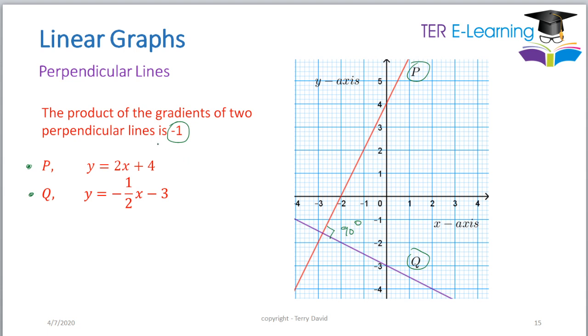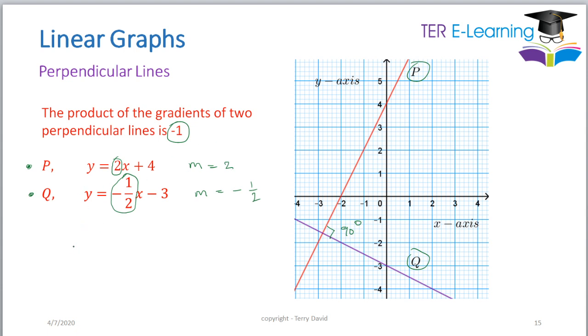So look at something here. I've given you the equation of P, which is y equal to 2x plus 4. So the gradient here is 2. So m for that line is 2. I've also given you the equation of the line Q. So look at this. This here is my gradient. So therefore m is equal to -1/2. Now look at something here now.